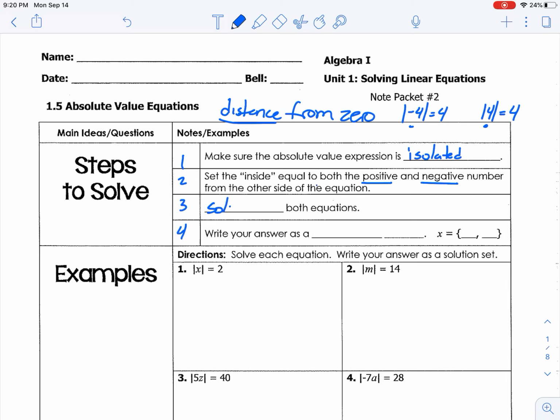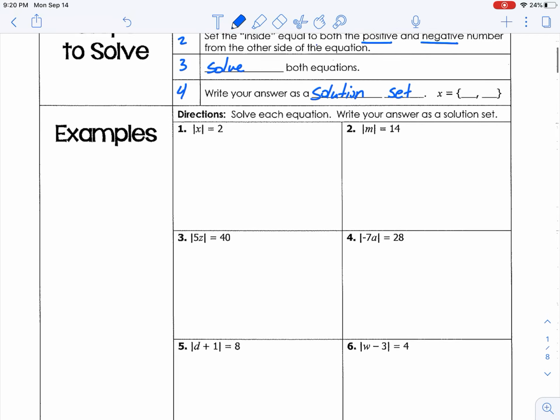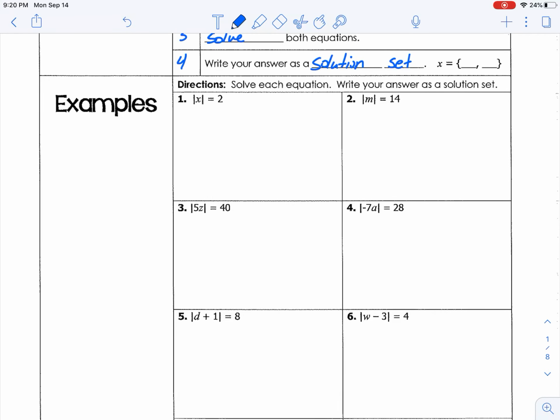We're going to solve both equations, and then write this as a solution set. I'm not going to worry too much about set notation; that's just what this particular author wanted. So away we go.